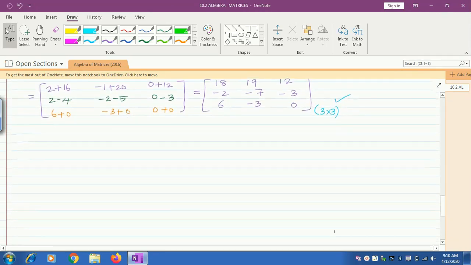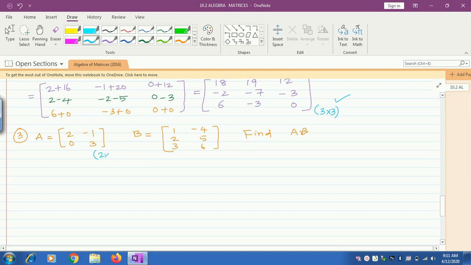Now we will take another example where we will have different types. If you have matrix A as 2, minus 1, 0, 3, and the B matrix is 1, 2, 3, minus 4, 5, 6. Find A dot B. How will you find this A dot B? First we have to check the order.